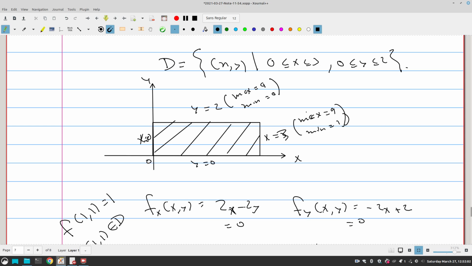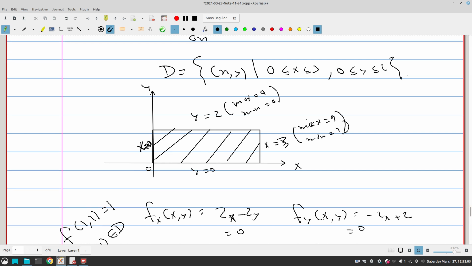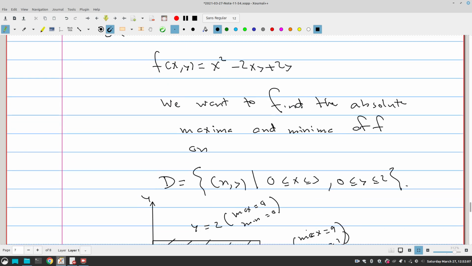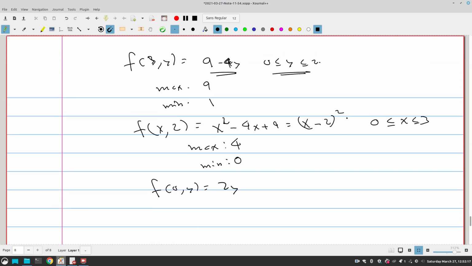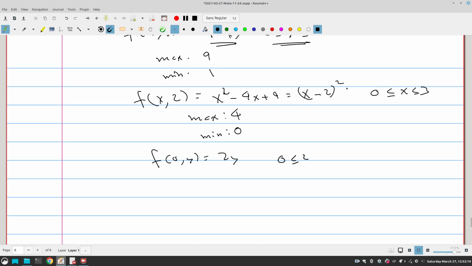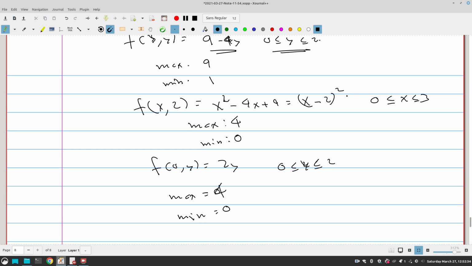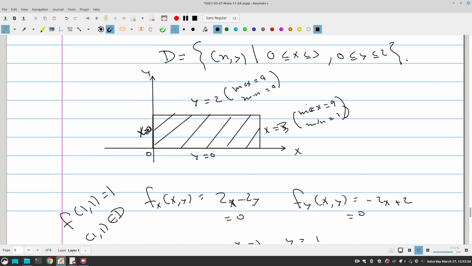What about over here, where x equals 0? If x equals 0, then f(0, y) is equal to 2y, where y varies from 0 to 2. So max here is 4, min is 0. And what about this boundary where y is equal to 0?